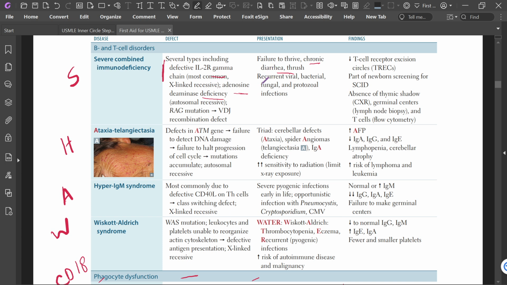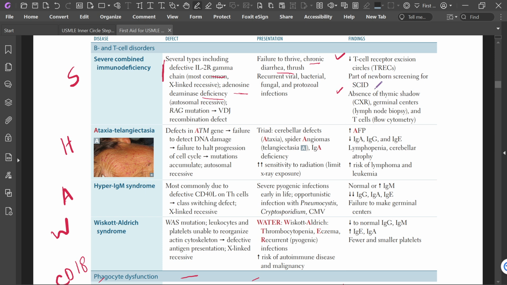So the X-linked one is interleukin 2RG gene mutation, and ADA deficiency is autosomal recessive. Now in SCID, there is a decreased T cell receptor excision circle, TREC, which is part of newborn screening for SCID.